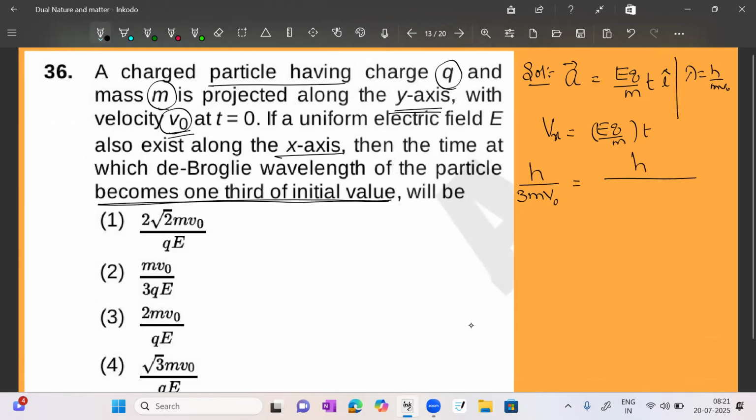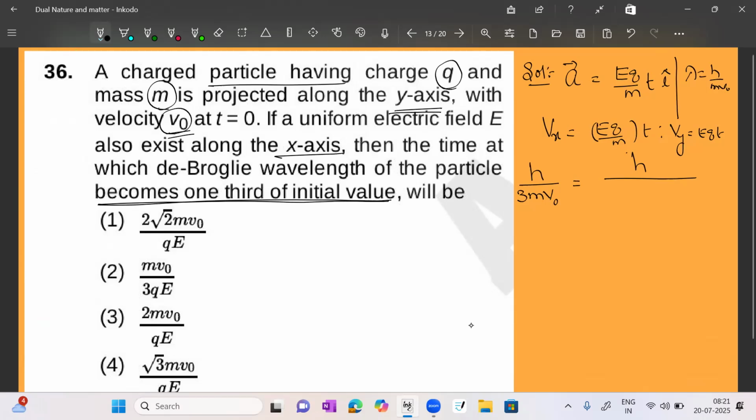And we have an acceleration along the x-axis; this is the x-axis. What about the y-axis? Along the y-axis, the velocity is v naught.